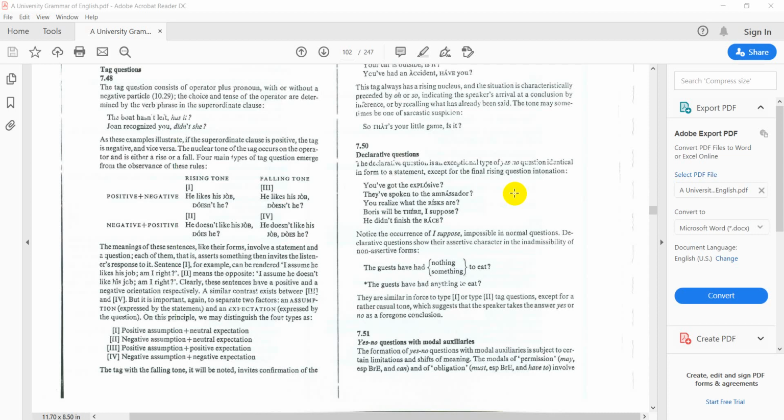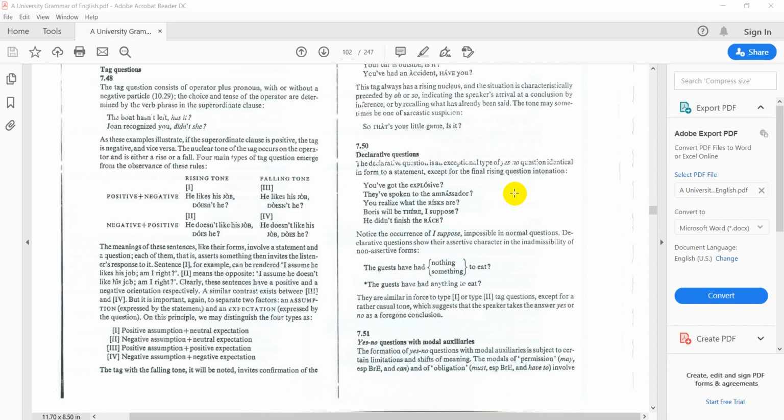And if the sentence contains no operator, no auxiliary verb, there is no problem, because we depend here only on rising intonation. The same sentence, without any change. But at the end of the sentence, you raise your tone. You make it like a question.